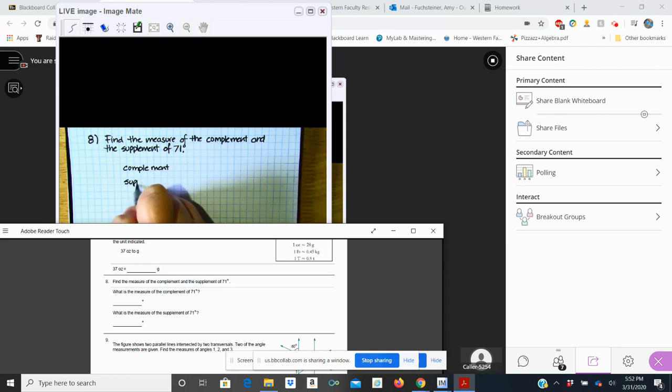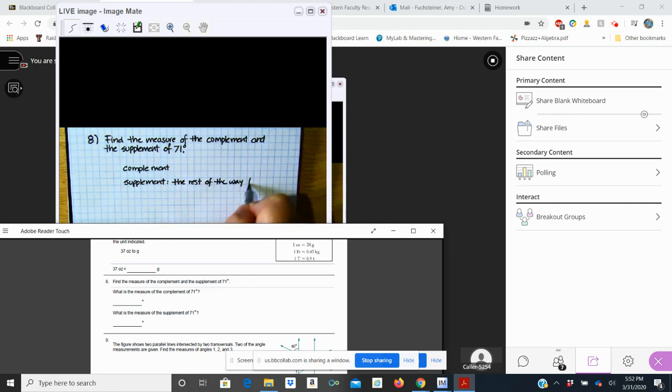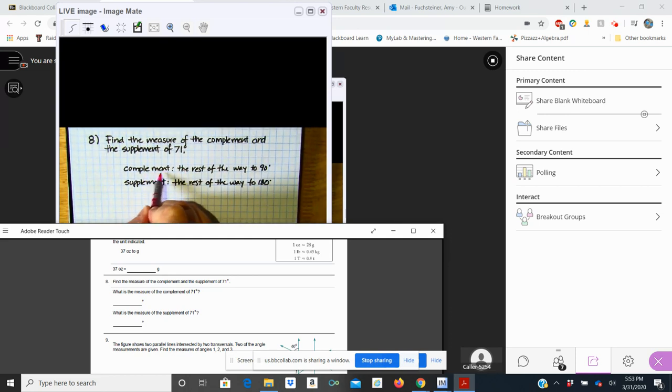Yes, good. The supplement is the rest of the way to 180. The complement would be the rest of the way to 90. So to find the complement, we would do 90 minus 71, or 19 degrees.